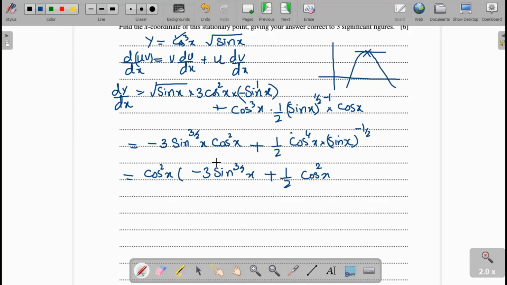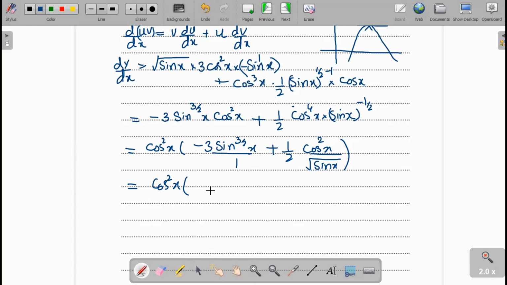Cos squared x is common, therefore cos squared x over square root of sin x. Now 2 times the square root of sin x is taken as the LCM of this fraction. Now 2 into sin x, therefore the value becomes 3 times sin to the power 3 over 2 times square root of sin x, which is 2 times 3, that is 6, multiplied.